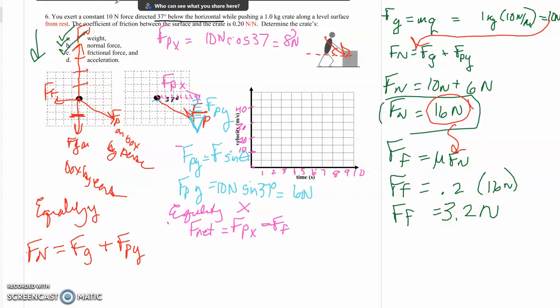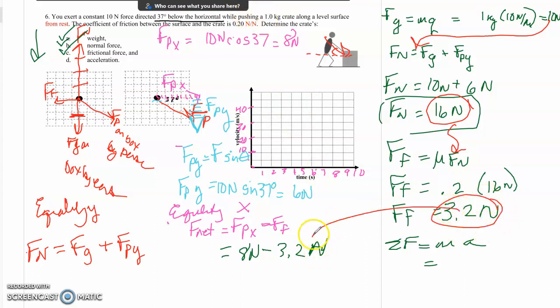All right, so that gets us friction. And now, what's the acceleration? To me, there are lots of ways to do it. I could use all those kinematics equations and stuff, but sum of F equals MA. I know that the sum of F in the X, let's look and see. FPX, we did find to be 8 newtons. Force friction is 3.2 newtons. Again, I want to point out, they're having you use what you have found, right?